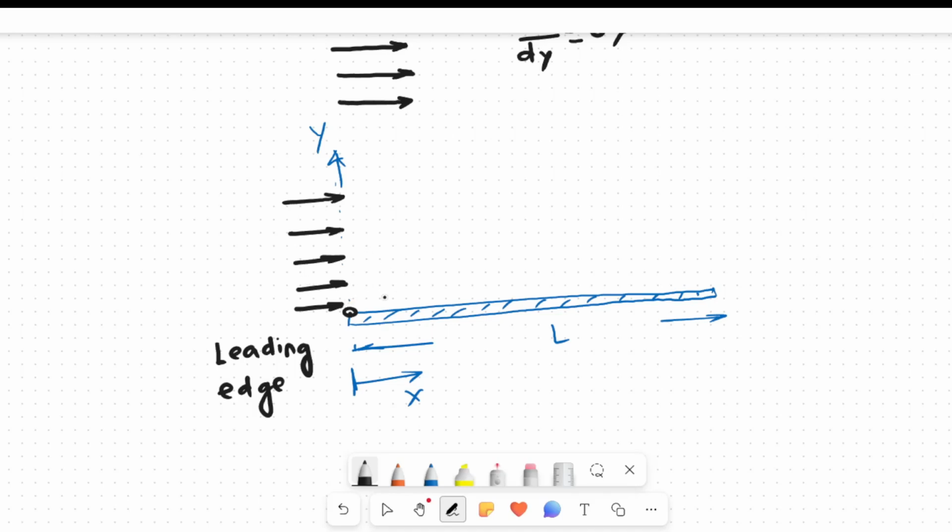The layer which is in contact with this solid plate surface, because of the forces, the velocity of the fluid will slow down, the velocity of the fluid will reduce, and it will be equal to 0.